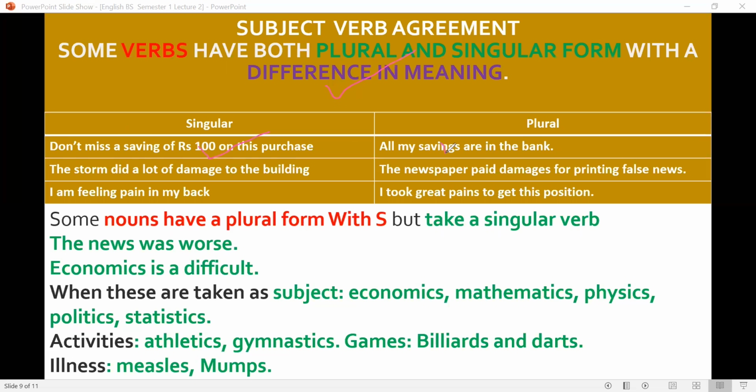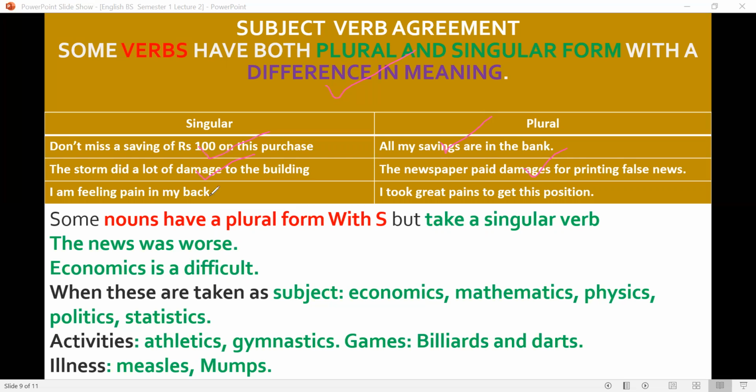All my savings are in the bank. Check the difference between the expressions used in these sentences. The storm did a lot of damage to the building. The newspaper paid damages, financial charges for printing false news.